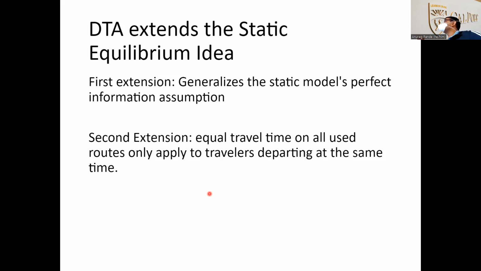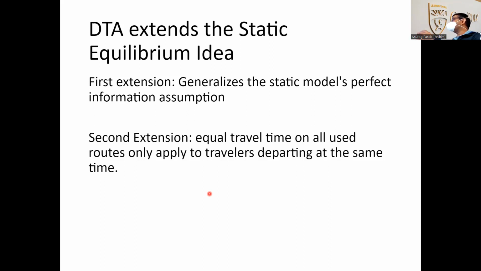And then the second extension is that equal travel time on all used routes still applies, but now it only applies to vehicles or users that depart at the same time. And that's again a level of detail that you can control. Are you going to model this every minute, every 5 minutes? What does same time mean, basically?